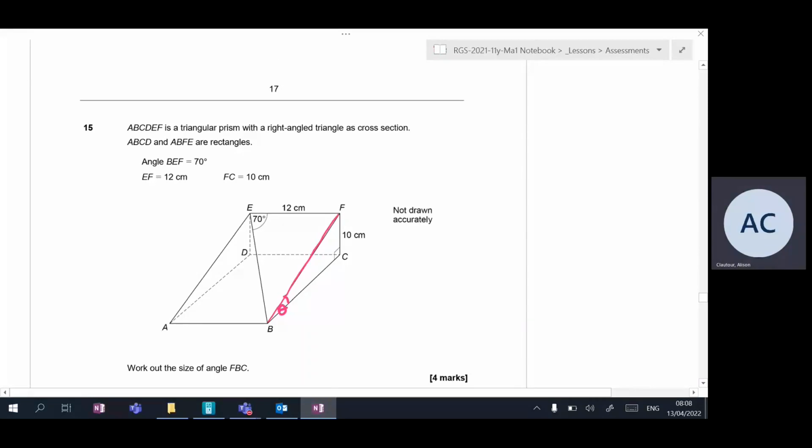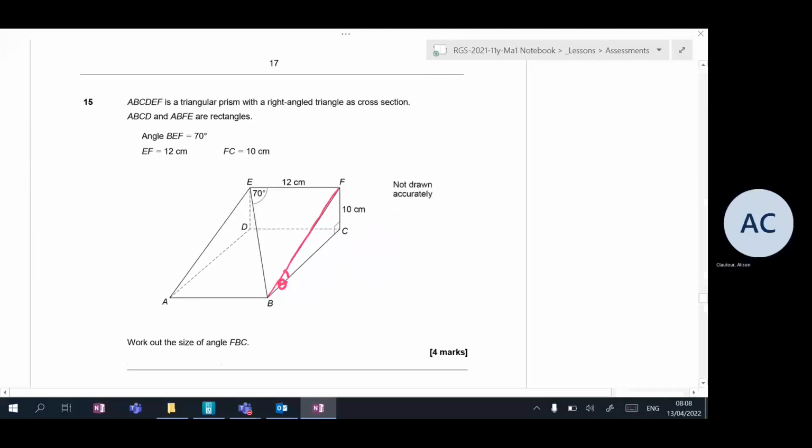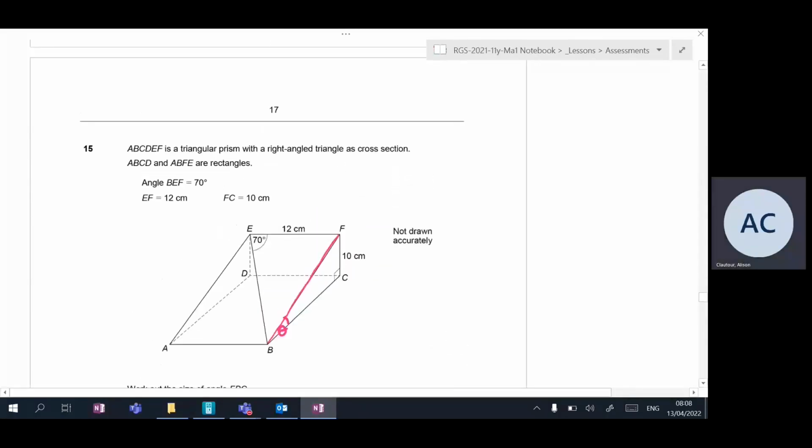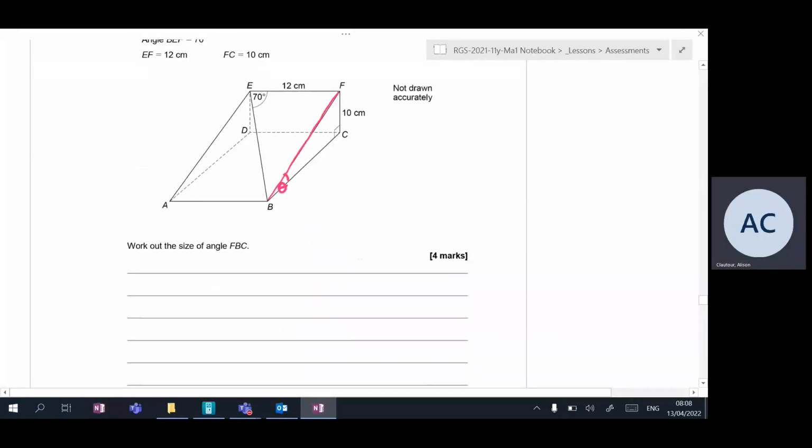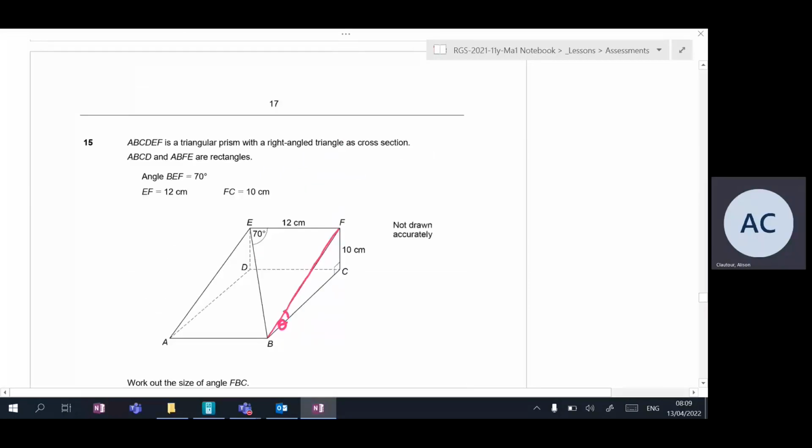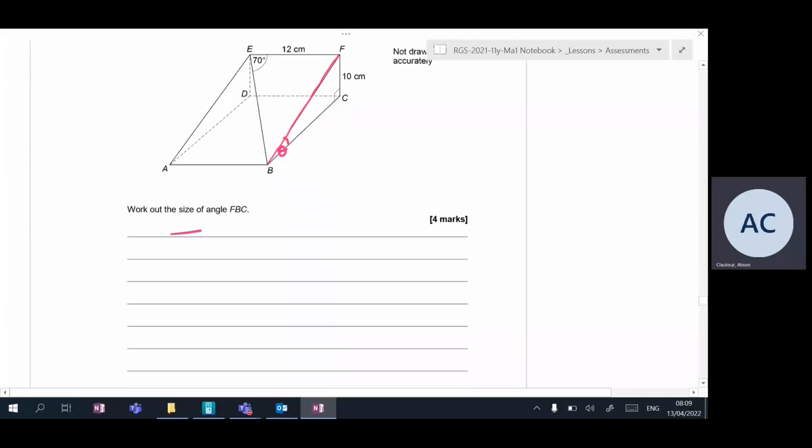Okay, so I haven't really got enough information to work that out in triangle FBC, and I haven't really got enough information to work that out in EFB either. So not very useful. Okay, however, no, I have got enough information. So I'm going to draw a version. If we think about this rectangle EFBA, okay, so imagine we're looking at it like the plan view. It's going to be like that.